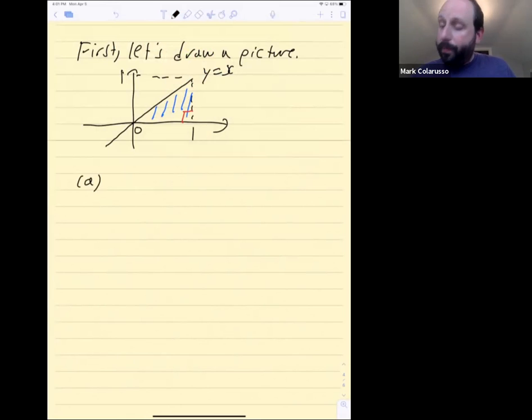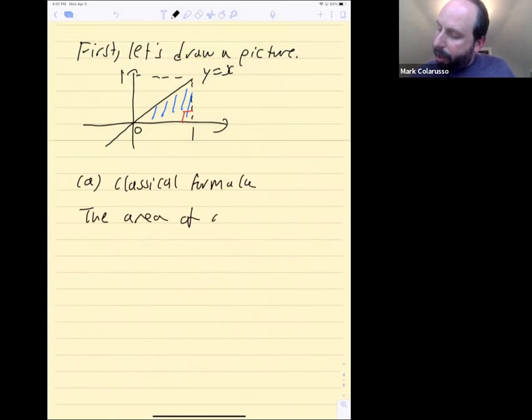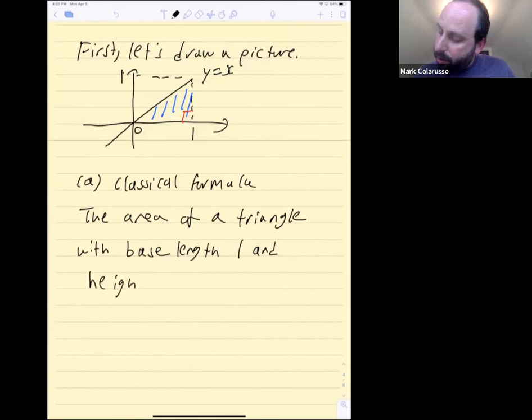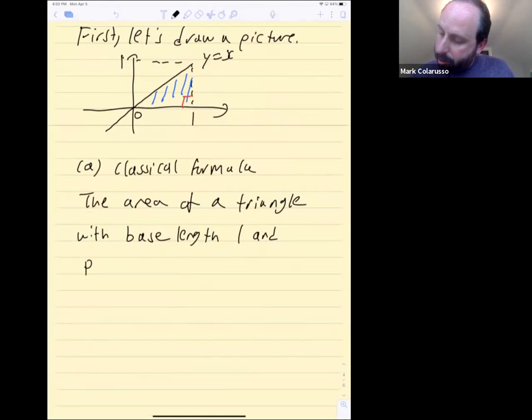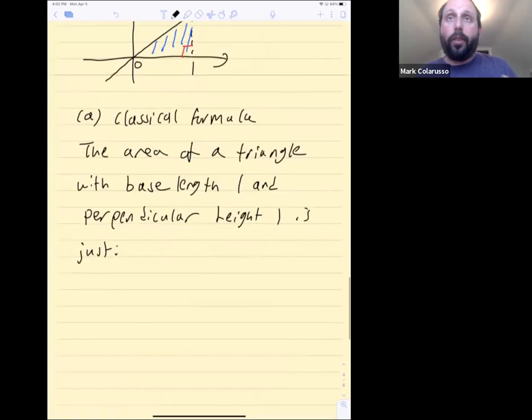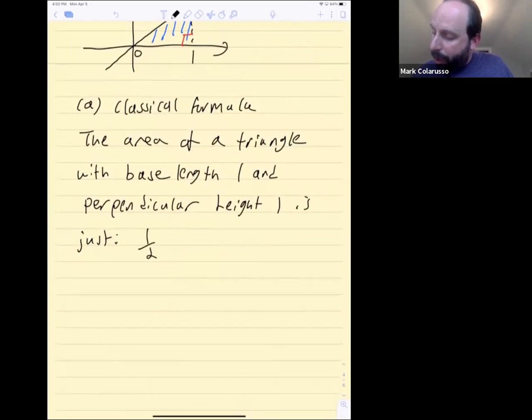So if we use a classical formula, the area of a triangle with base length 1 and perpendicular height 1 is just half the length of the base times the height.